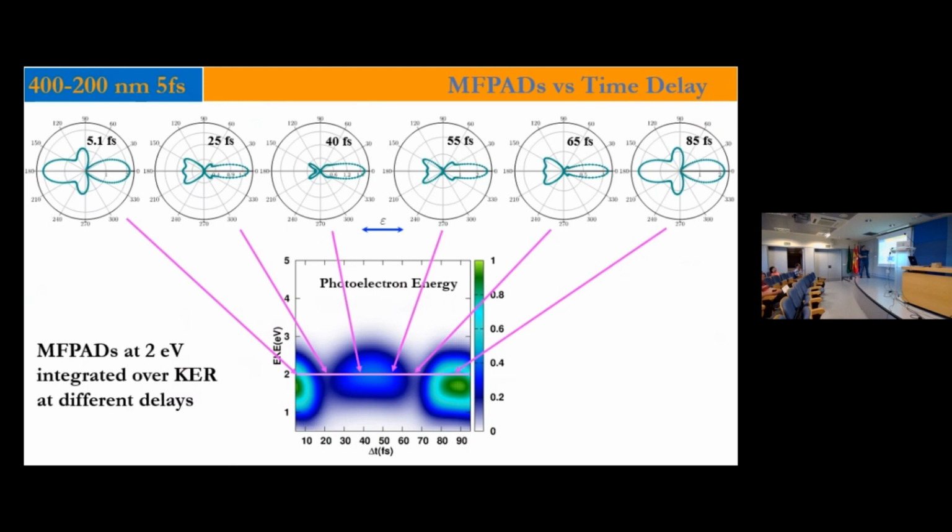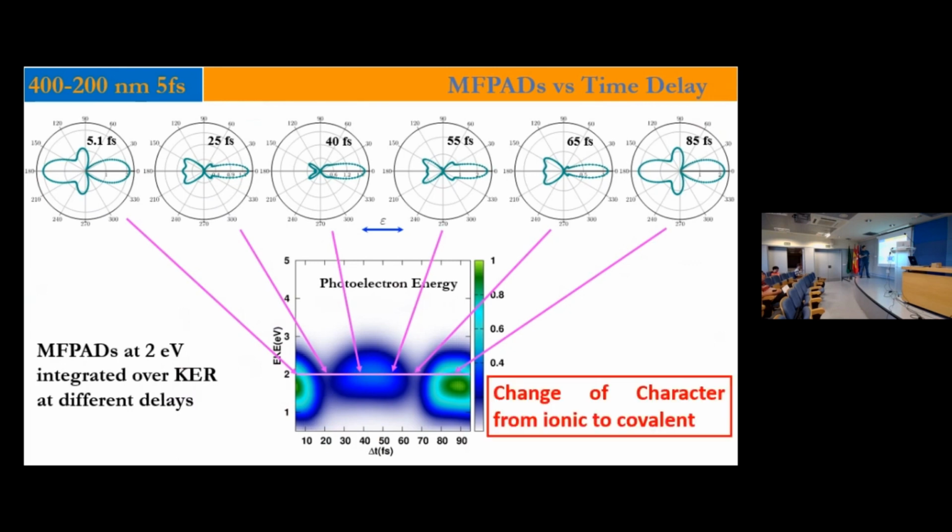So the wave packet moves back, the angular distribution changes, then it comes back, and you can recover the same shape. And this is also an effect of the potential energy curve changing character from ionic to covalent, so the angular distribution of the photoelectron changes a lot.